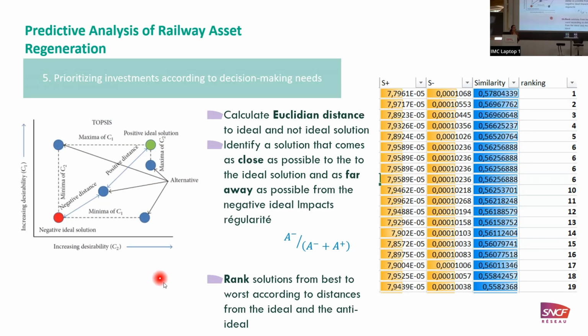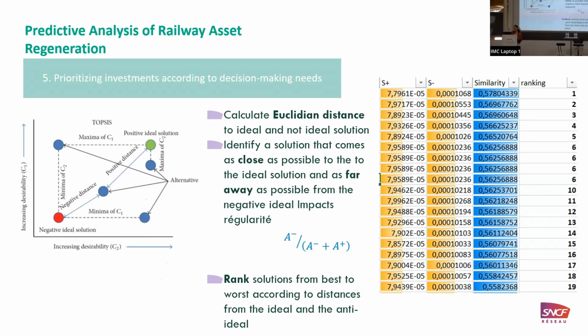represented by the blue points, the distance between these blue points and the ideal solution represented by the green one, and the negative ideal solution represented by the red one. So finally, rank the solutions by their value.